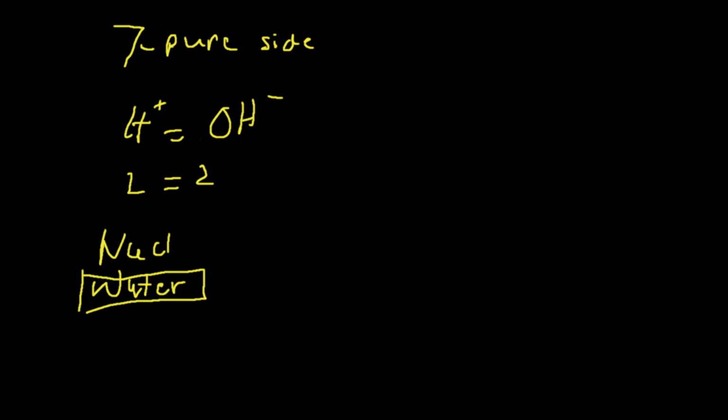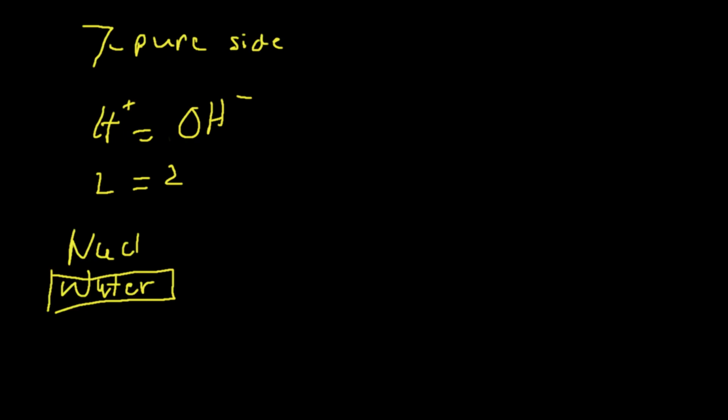That's the general categorization when it comes to talking about the pure side of the pH scale, which is simply just 7. And once we've covered 7, now let's move on to the basic side of the pH scale. The basic side is going to be greater than 7. So what it's going to be is that it's going to have hydroxide, and hydroxide is going to be greater than hydrogen.